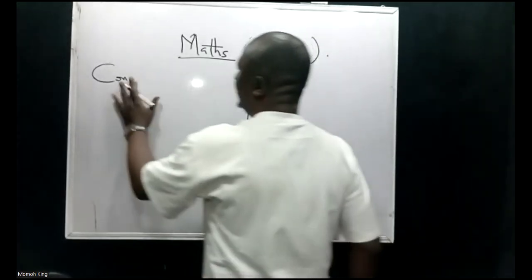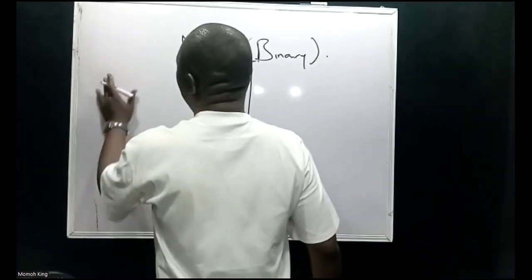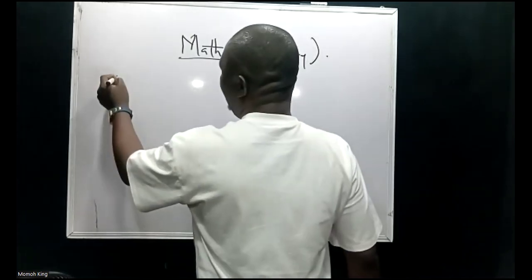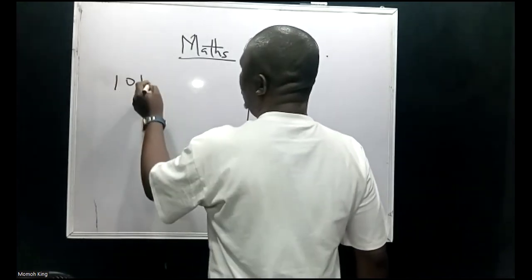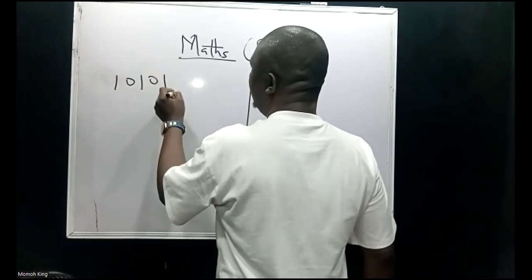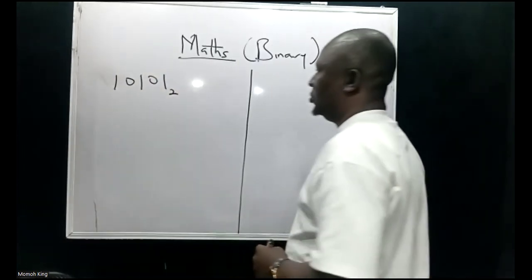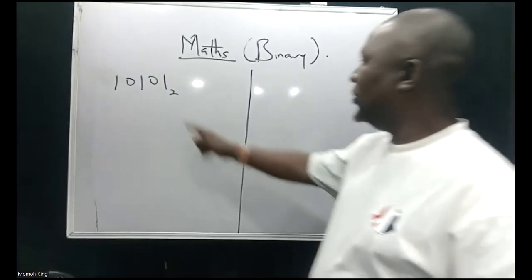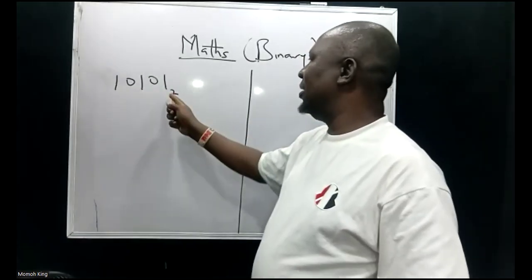If you have a number in binary, base 2, you're going to have 1, 0, 1, 0, 1, base 2. You get it? Therefore, no digit can be greater than the base here.